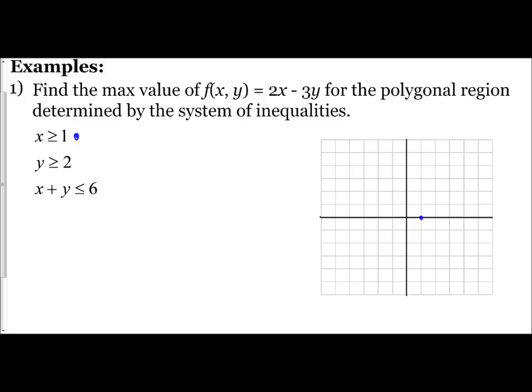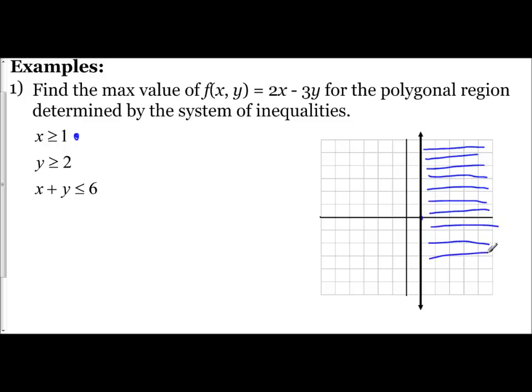So I'm going to grab a solid vertical line, go through 1 on the x-axis, and then shade all the greater x values, which would be to the right of this line. Remember, when we're doing systems of inequalities, I would use a pencil to allow for erasing.